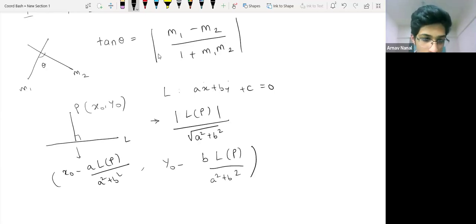And if you want the reflection, you can use the reflection formula. This would just become 2 if it was reflection, but I won't write that.